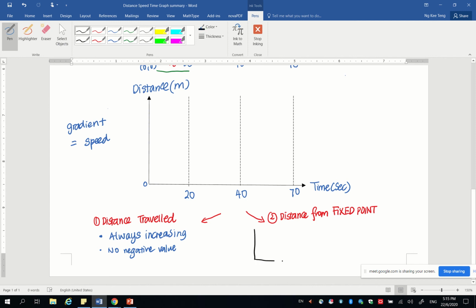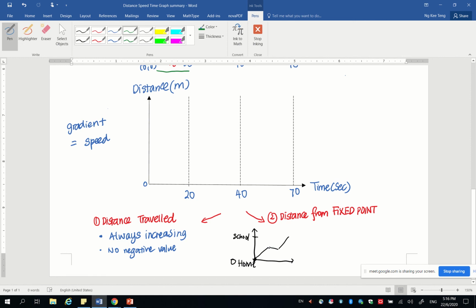For example, one person comes from home, and another person comes from another place, say school. There are two different positions. If this is the distance from home, home is the zero distance. One person can travel in this direction up to school, while another person travels in the opposite direction, starting at a different timing and traveling down.